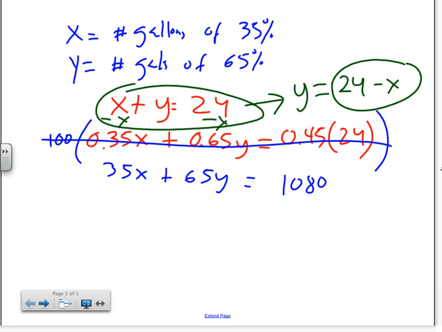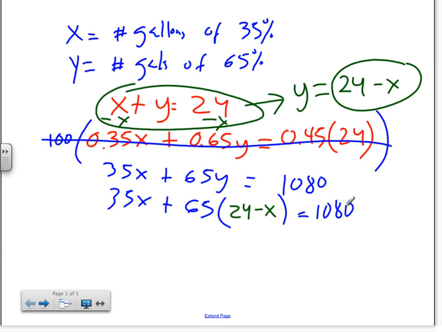So now I have a name for the y. That means every time I see the y, I replace the y with 24 minus x. So if I write my entire equation again, it's going to be 35x plus 65, and this is the part where y will get replaced, 24 minus x, equals 1080. Question on that part? This is the crucial step for substitution. And then, of course, you would definitely distribute.